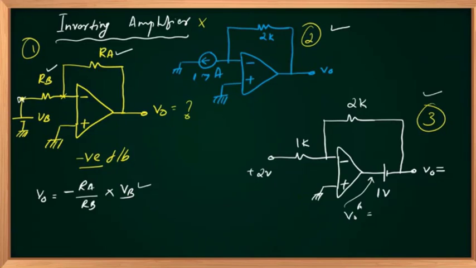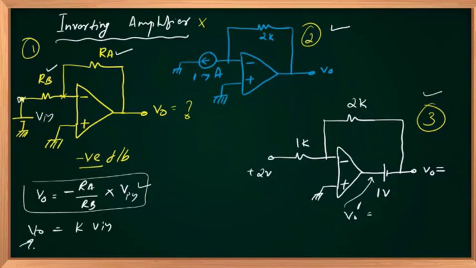So let us analyze circuit number 1 in a different manner. Anyway, everybody knows that output equals minus RA upon RB times VB. If VB is my input signal, V in, V out is equal to minus RA upon RB times V in. So this is K times V in.